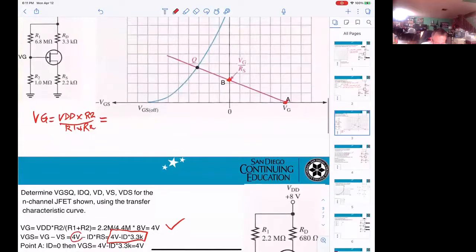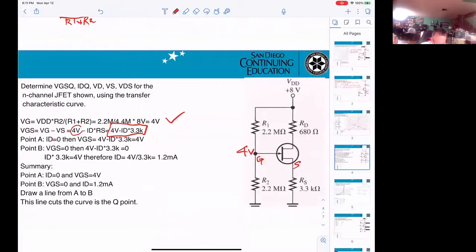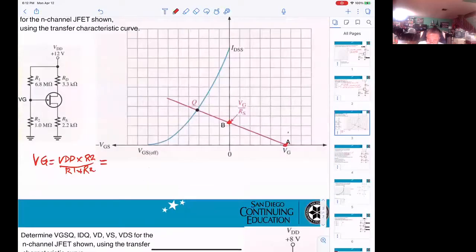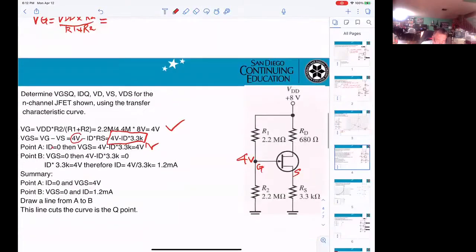So VGS will be 4 volts minus 0, so you get 4 volts. So point A will be VGS equal 4 volts, right here. In order to get point A, you must know the VGS equation. That's what we're using.